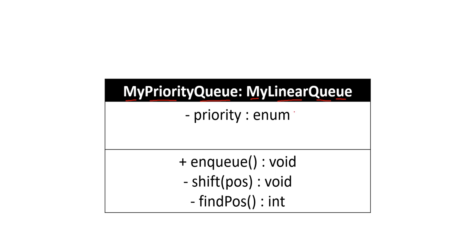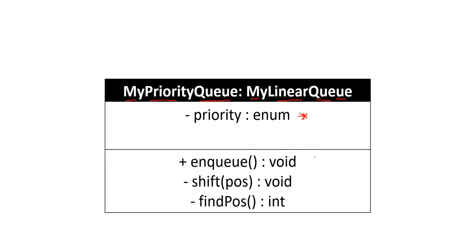We are going to have an additional attribute here, and it's going to be a priority enumerated type. So it's going to identify to us what the priority of this particular item in the queue is going to be. So if we're in my priority queue, we've got our additional attribute of priority.